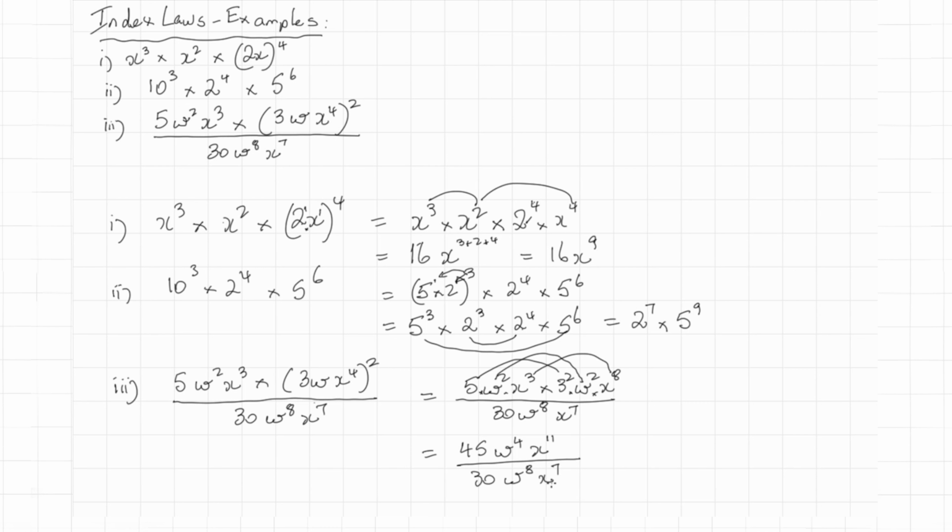Now mostly we try and present our answer with positive powers. If we say, righto, we're going to do w to the 4th divided by w to the 8th. Okay, this is a line here.